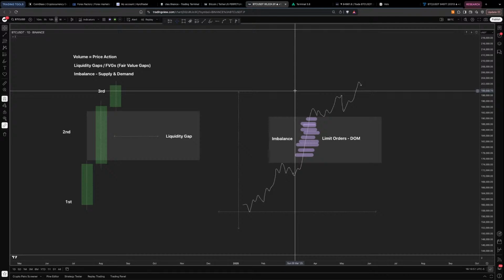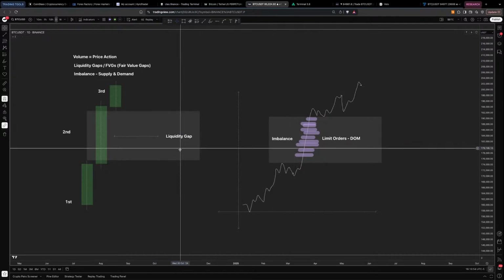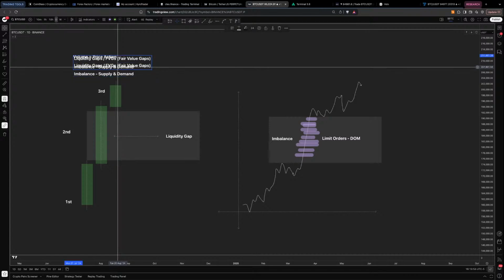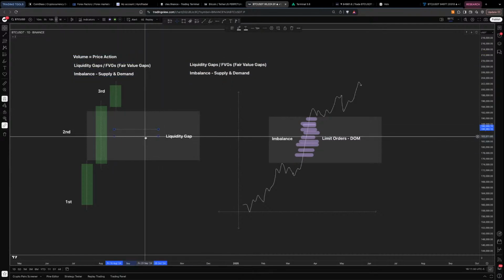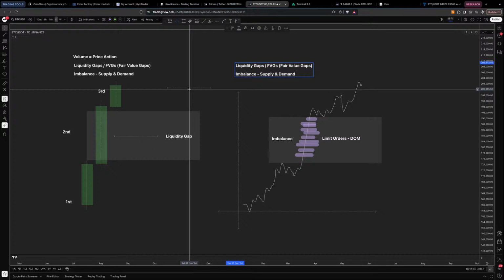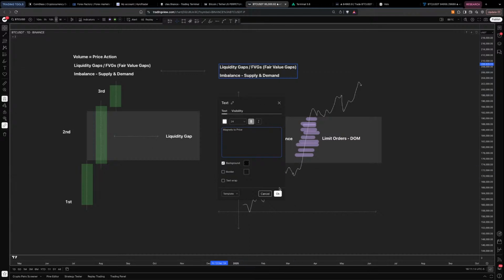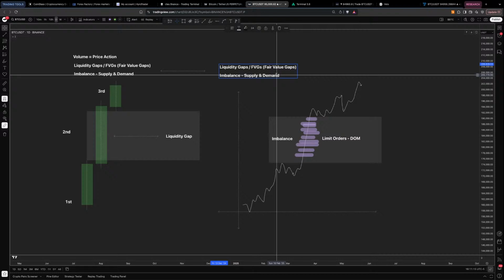And why are liquidity gaps important? Because these areas tend to act, let's put it this way over here, these price areas tend to act like magnets to price, because markets tend to be efficient.